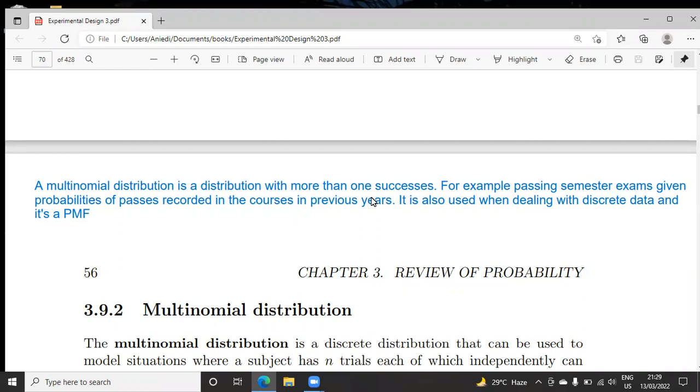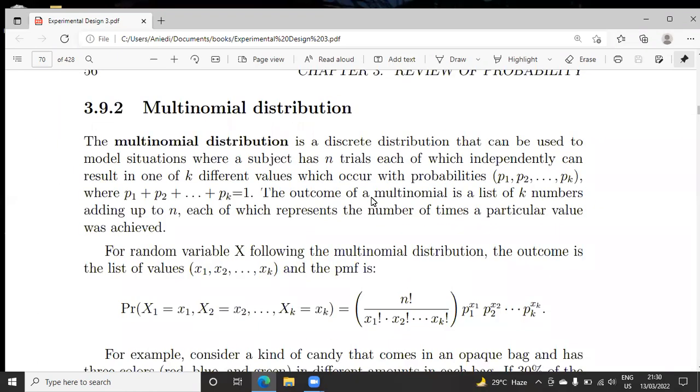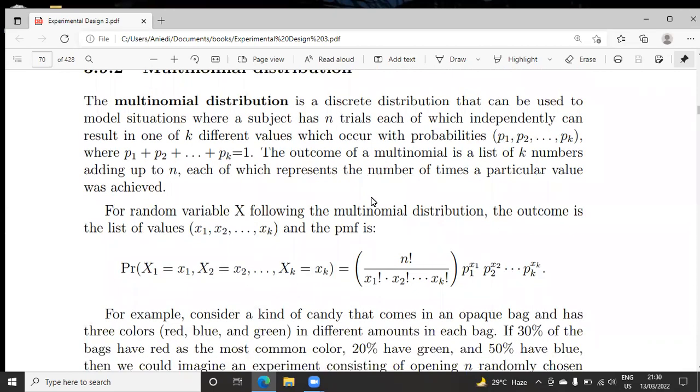Given previous successes in those exams, we can calculate the probability of someone passing a particular course. So out of, let's say, 6 to 10 courses per time, we can say what is the probability of having all of them as success, so passing all your courses in that semester.